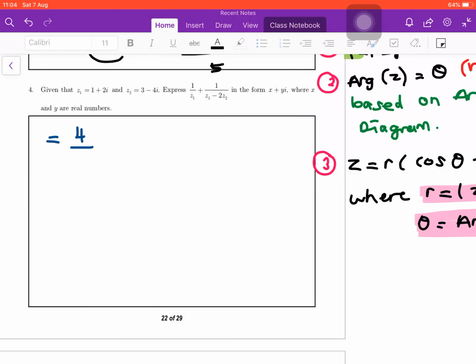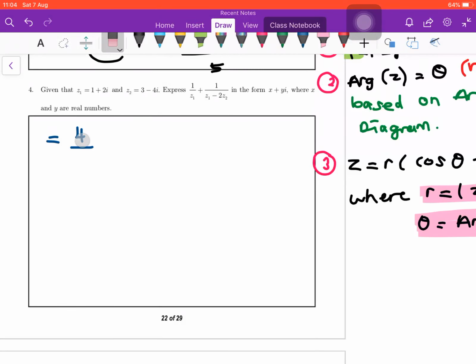So here, what you need to do first is just substitute the complex numbers Z1 and Z2 into the formula given. Okay, so it asks you to express in this formula, right. So we just substitute the complex numbers Z1 and Z2 into this formula.